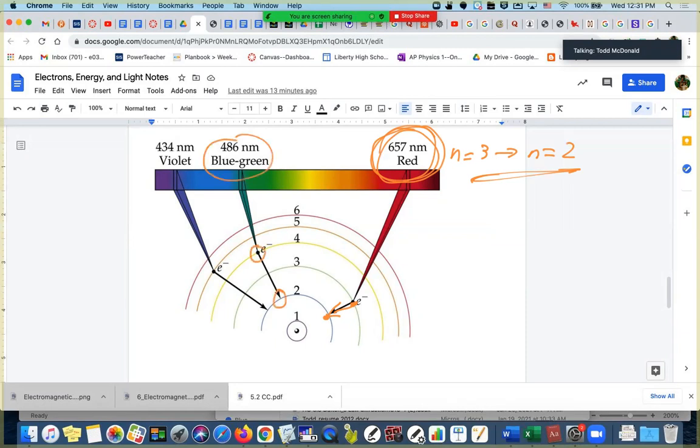That will be visibly a blue-green light that has a very specific wavelength. So the energy level from 4 down to 2 is going to give us a blue-green light. A bigger jump from 5 down to 2 actually would give us a violet color.